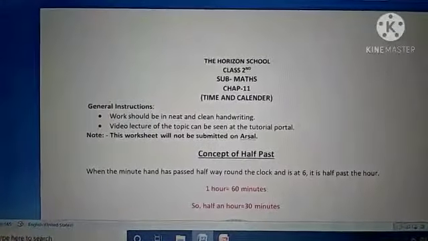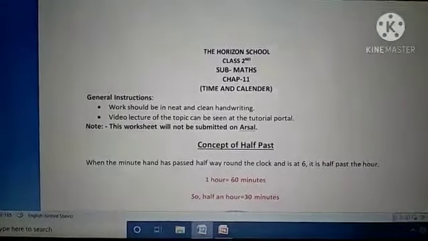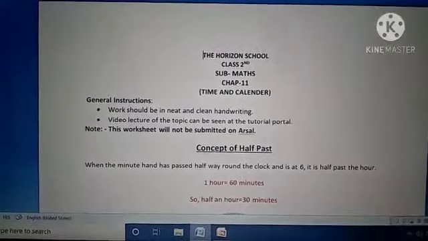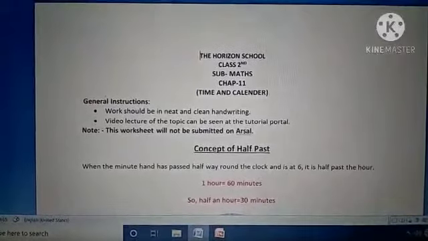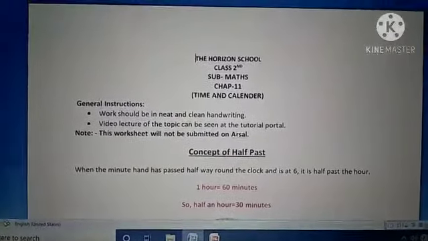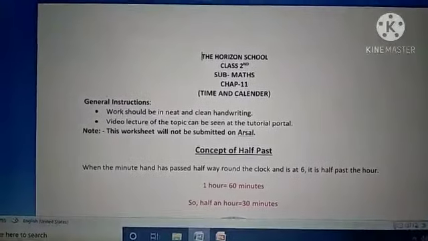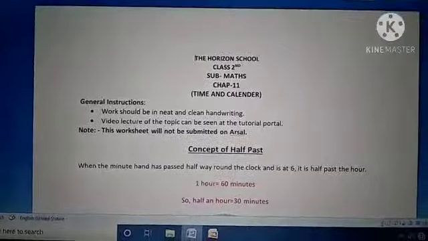It is equal to 60 minutes. Okay. So half, what is the half of 60? Yes, it is 30. So half an hour means 30 minutes. Okay. So let's see an example which I have shown here.